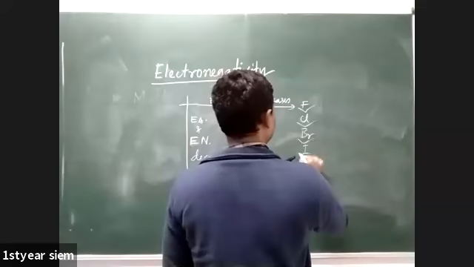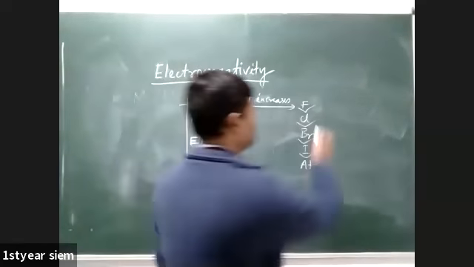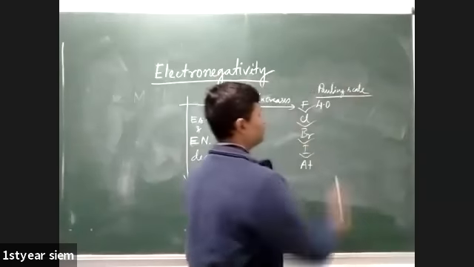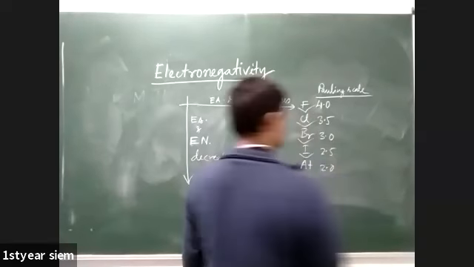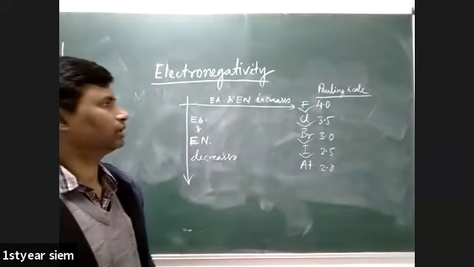According to the Pauling scale, the electronegativity of fluorine is 4, then chlorine is 3.5, bromine is 3.0, and iodine is 2.5, like this.